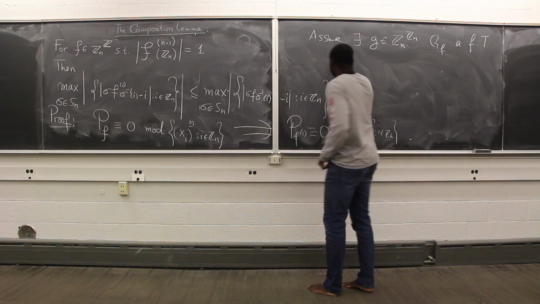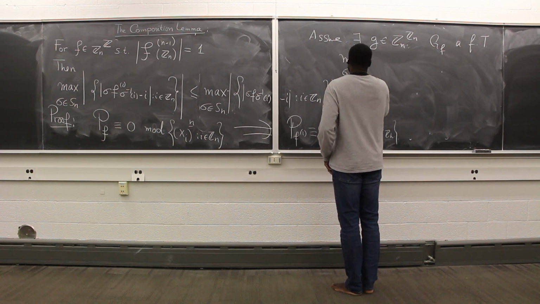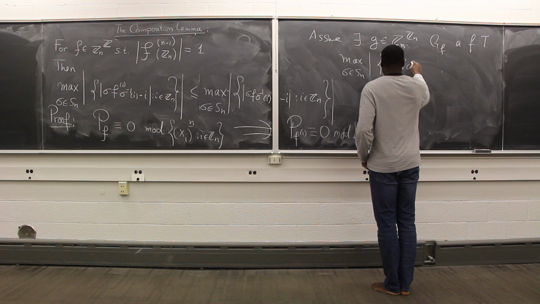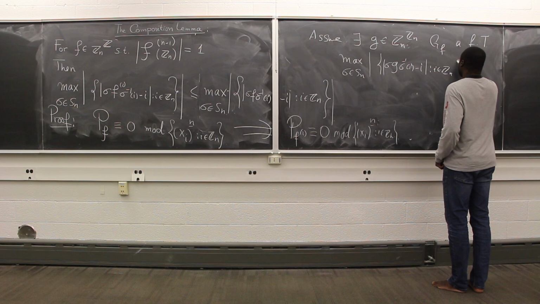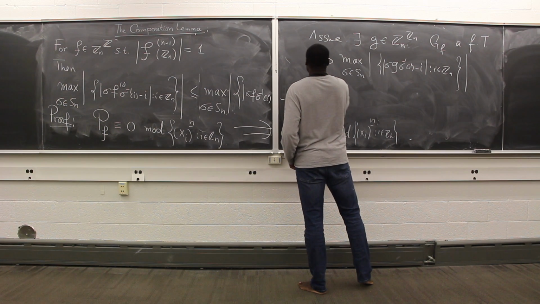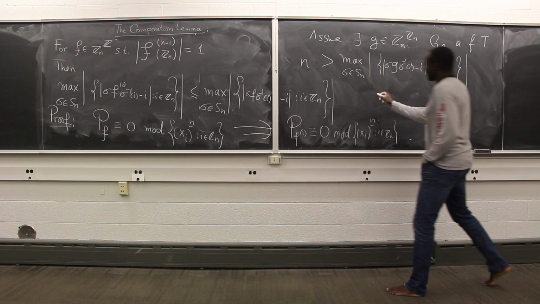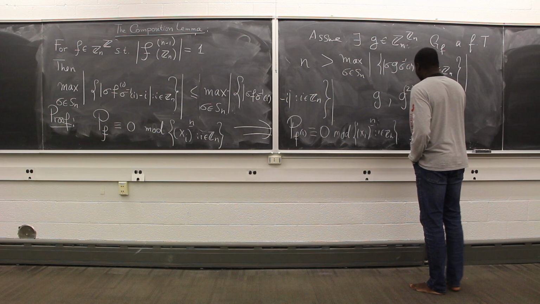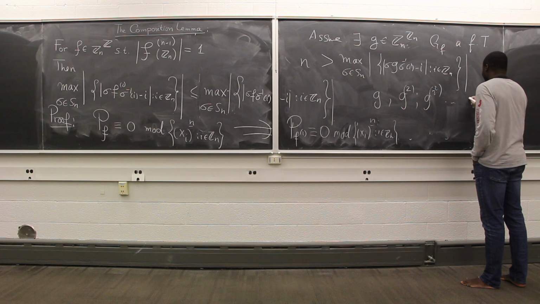So if you assume that this maximum, the max over sigma in Sn of this cardinality, sigma g, sigma inverse I, minus I in Zn, if you assume that this cardinality is smaller than n, then you look at the sequence g composed with itself, g composed with itself, this guy squared, and you reach the star.